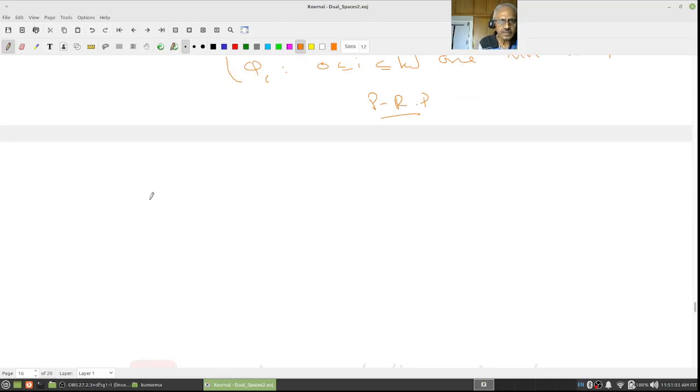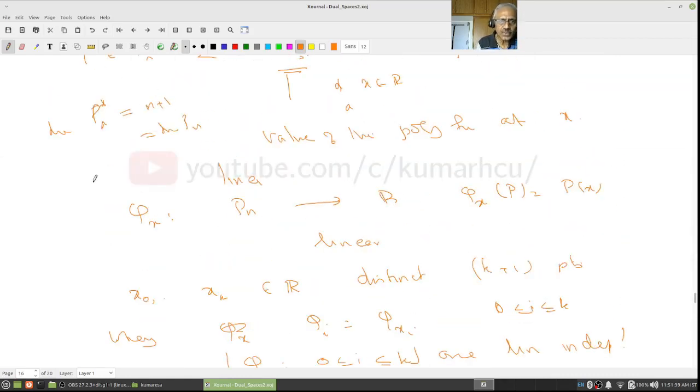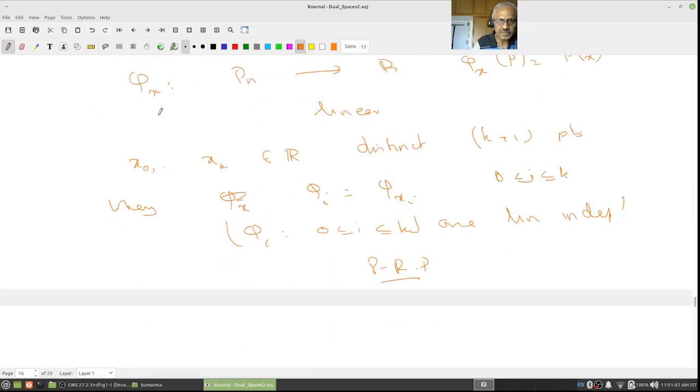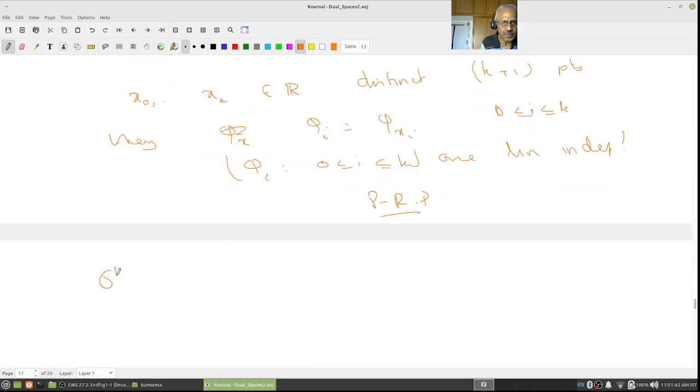Now let us try to understand. Notice that since Pn star has dimension n plus 1, an obvious guess is that k must be less than or equal to n, because these are k plus 1 elements, and k plus 1 should be less than or equal to n plus 1, that means k is less than or equal to n.